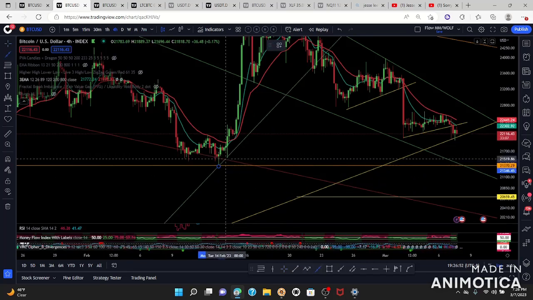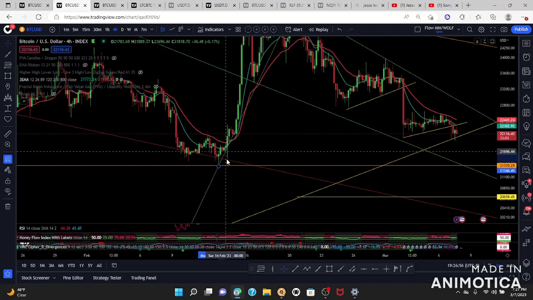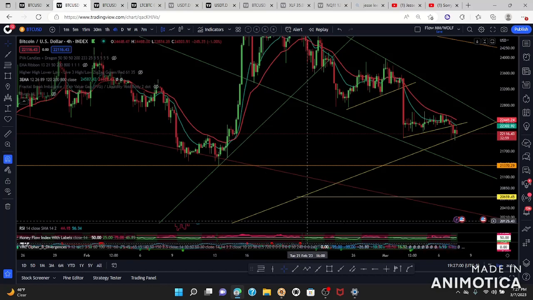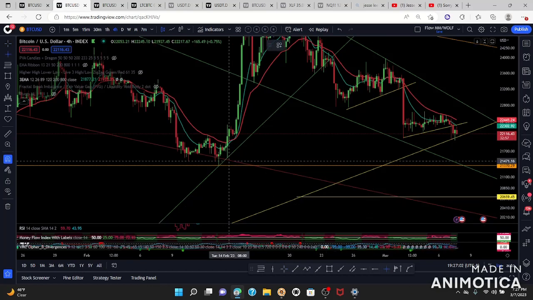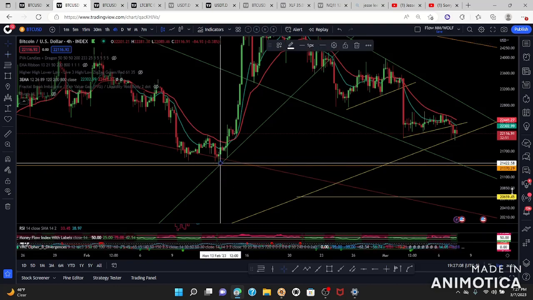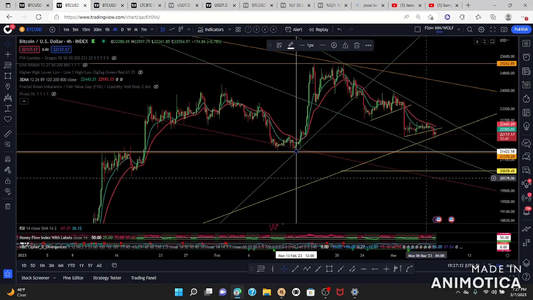So let me turn on the magnet. Okay, so right in between, the highest peak right in between, that would be my target, correct? So if we put a target here, we're talking about 21,400, right?